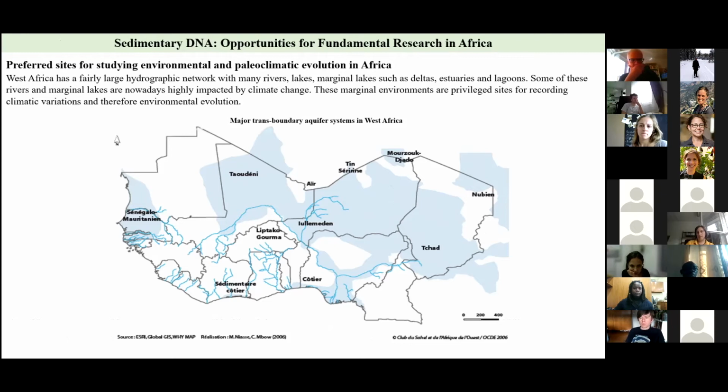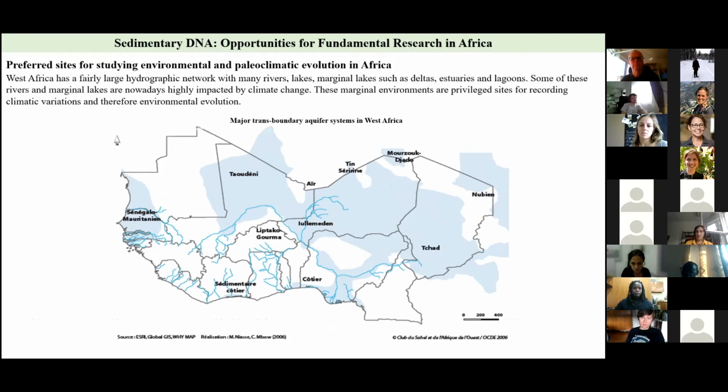West Africa has a fairly large hydrographic network with many rivers, lakes, and marginal lakes such as deltas, estuaries, and lagoons. Some of these rivers and marginal lakes are nowadays highly impacted by climate change.